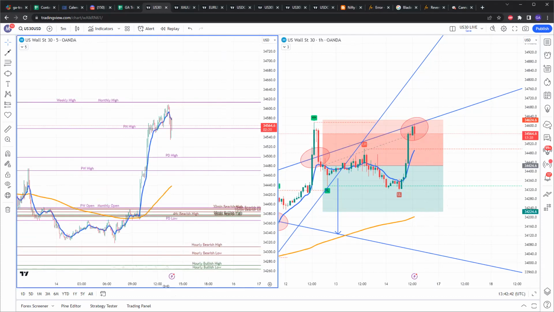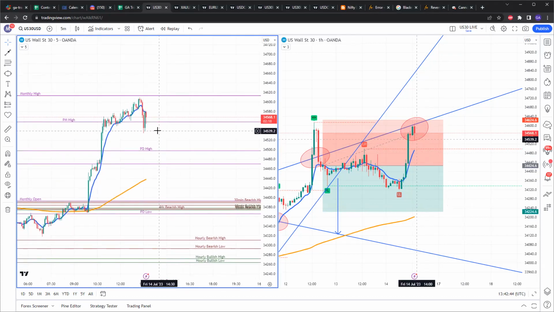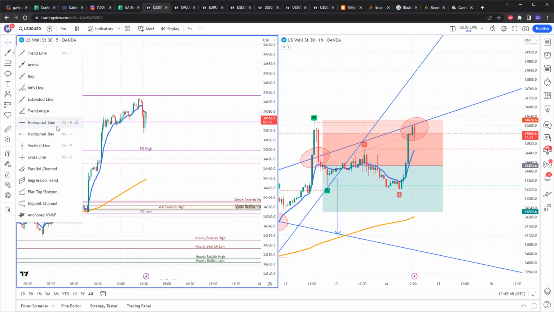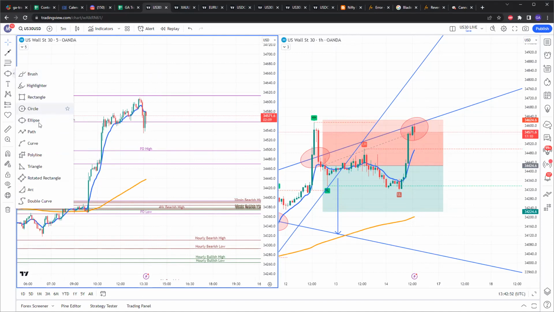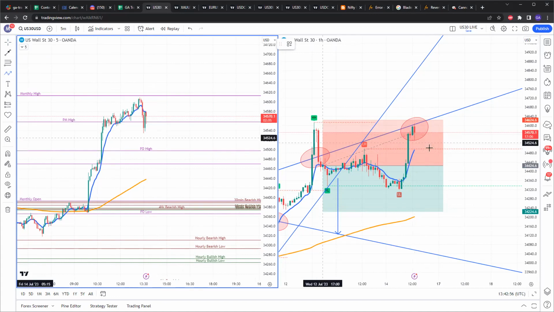So you see like here, there's a previous monthly high. So this you can wait for a break and retest if you want to enter early. But you have to just do what's the probability.